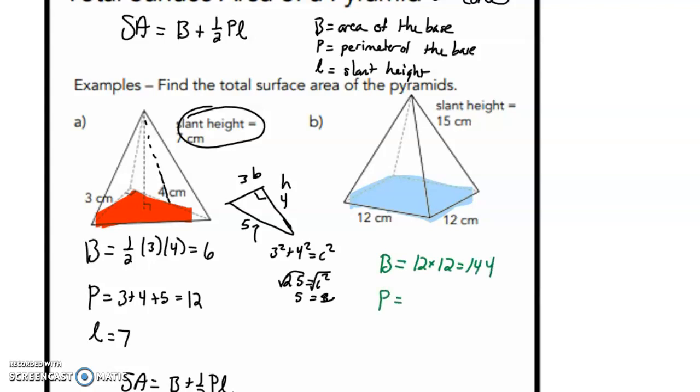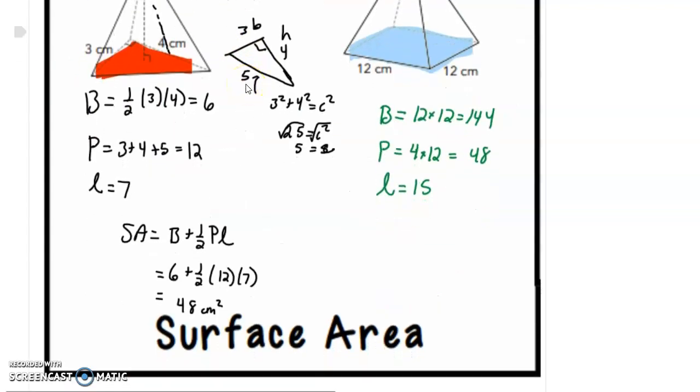Our perimeter of the base, there's 4 sides and they're all 12 centimeters long, so that's 48. They gave us our slant height, which is 15. So our surface area equals the area of the base plus half the perimeter times the slant height, which is 15. If we type that in a calculator, we get 504 centimeters squared.